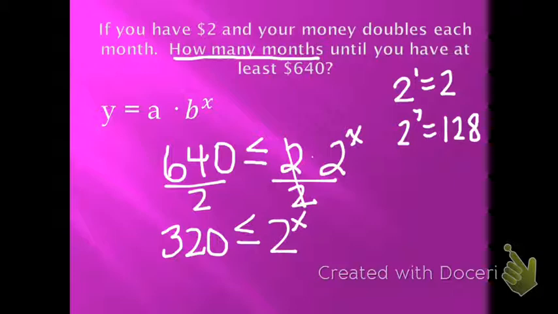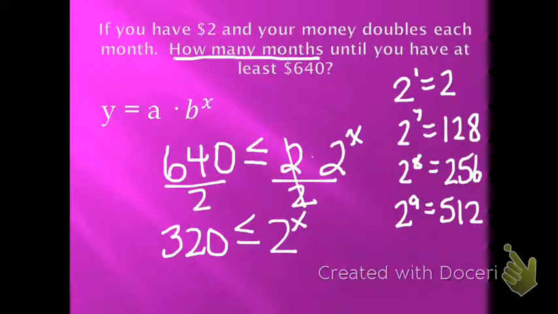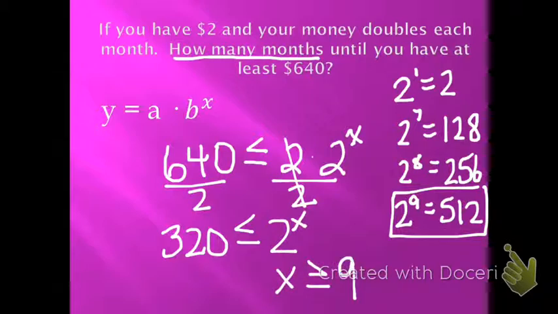And 2 to the 7th is 128, which is still too small. 2 to the 8th is 256, which is a little too small. 2 to the 9th is 512, which is too big. But it's okay because I want the side that has 2 to the x to be bigger. So I'm going to choose this one, 2 to the 9th. And I'm going to say my x is going to be greater than or equal to 9 to make it larger than 320.